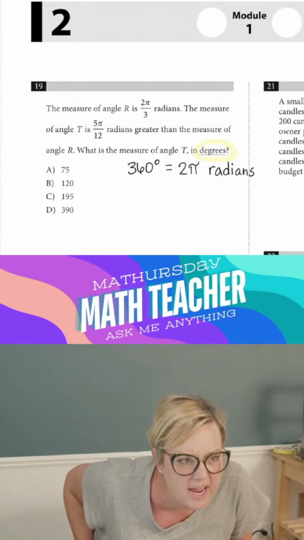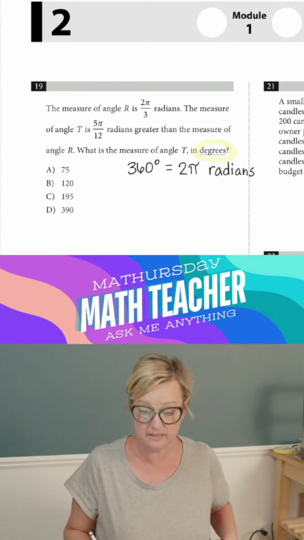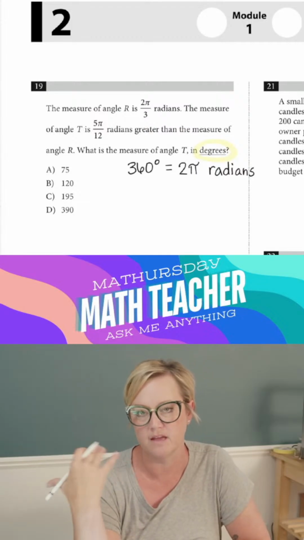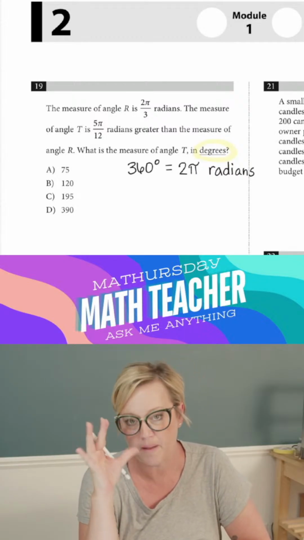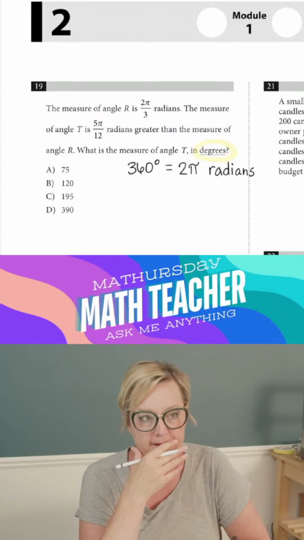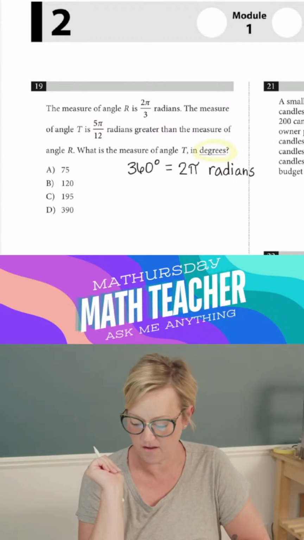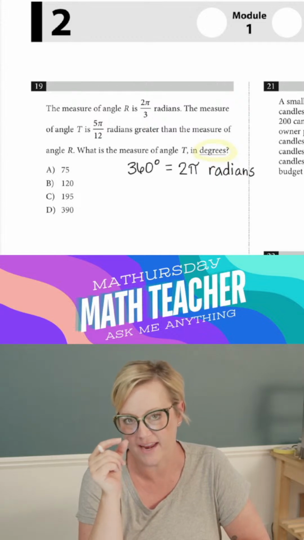So Dashay says, what does pi mean? Pi is a constant. It's a relationship between the circumference and the diameter or the radius of the circle, and it's about 3.14. It's really interesting to get into what radians are.